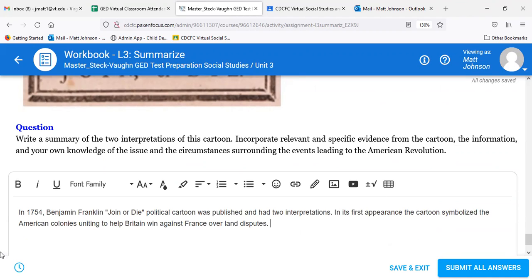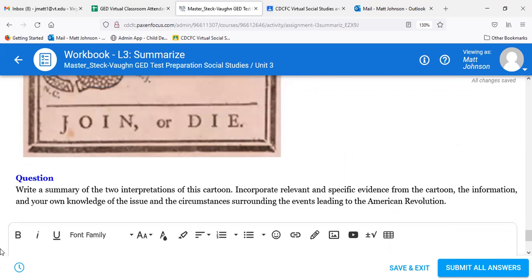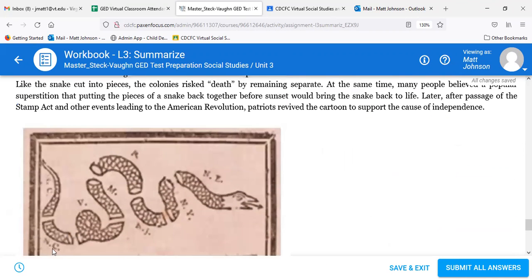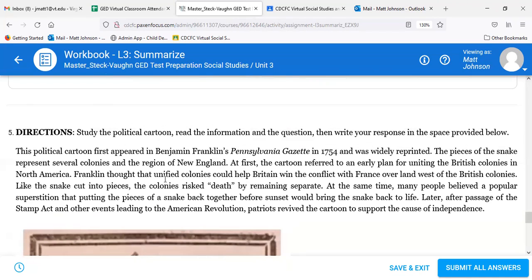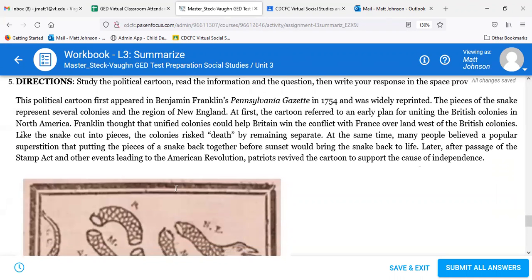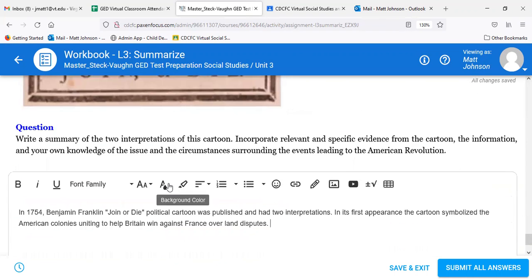The person reading this as an explanation is going to have that available to look at. They're going to have that context and reference. So I think we could probably leave out the join or die, the survival element. So in its first appearance, the cartoon symbolized the American colonies uniting to help Britain win against France over land disputes.